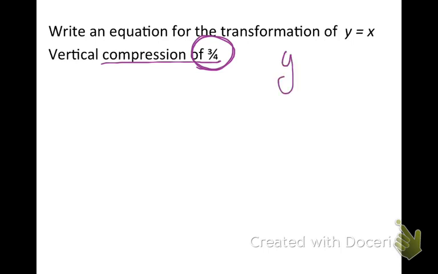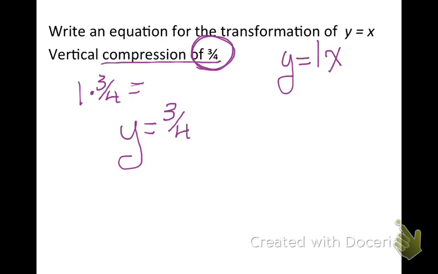We never write this down, but y equals x is really y equals 1x. So if I take 1 times 3/4, I'm going to get 3/4. So the transformation of y equals x with a vertical compression of 3/4 is going to be y equals 3/4 x.